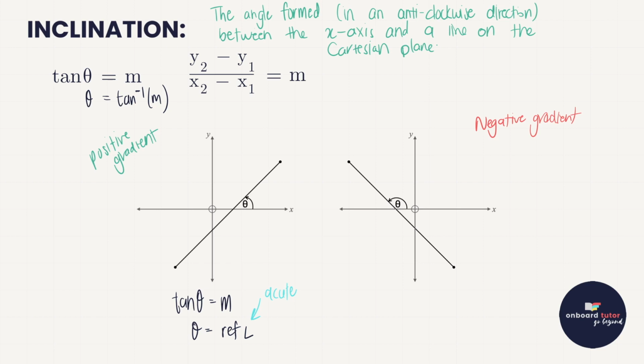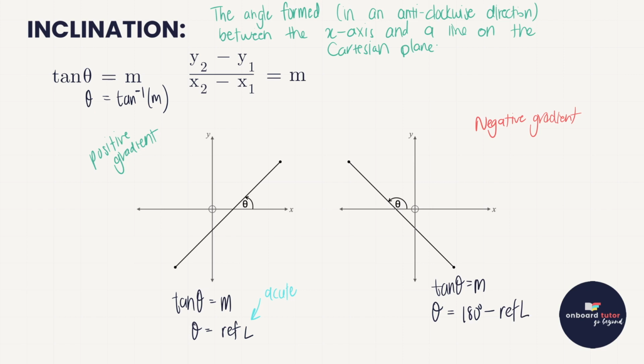But if you look at the second one, you can actually even see that the angle is technically in the second quadrant here. And so that one is going to be a little bit different, because you're going to say tan theta equals m, which is still the formula. But now to get theta, we're actually going to have to say 180 degrees minus that reference angle.